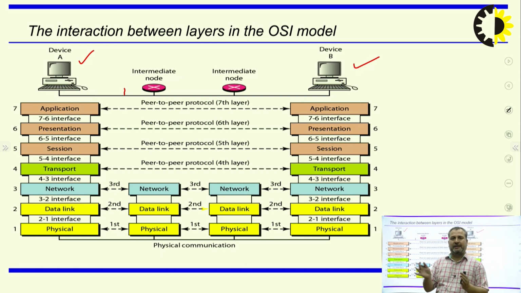The payload means data and its control information, that is the header: data plus header becomes the payload. So the application layer has data and its control information, that is the header. Similarly for the presentation layer and even the physical layer.